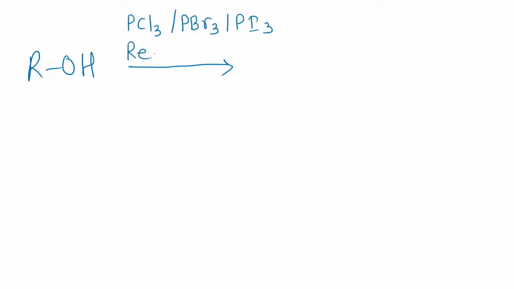So I have this alcohol with me and this PX3, that is PCl3 or PBr3 or PI3. I can get it from red phosphorus, comma X2. So it could be Cl2, it could be Br2, it could be I2 also.